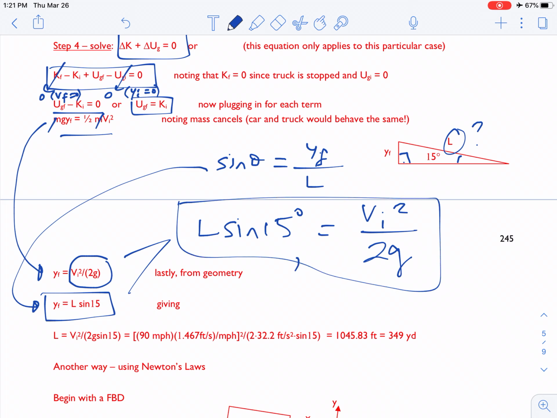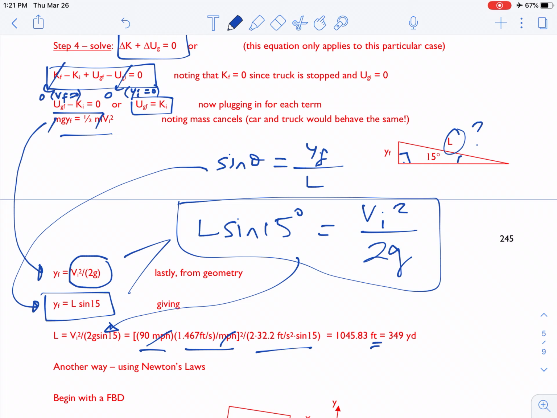I'm going to just show that. And then when you write L, this is what you get. Plug the numbers in now, right? And make sure units are followed. It's in English units. Miles per hour will go away here. And you have feet squared over seconds squared, because you have a square here, and divided by this, so one of the feet will go away, seconds squared will go away as well.